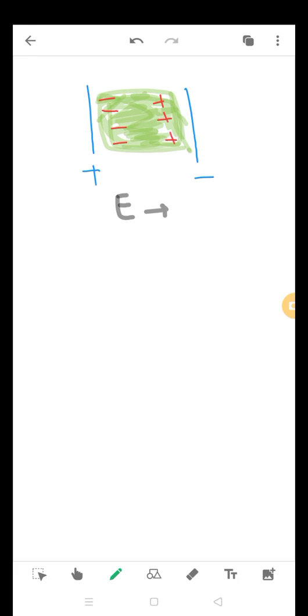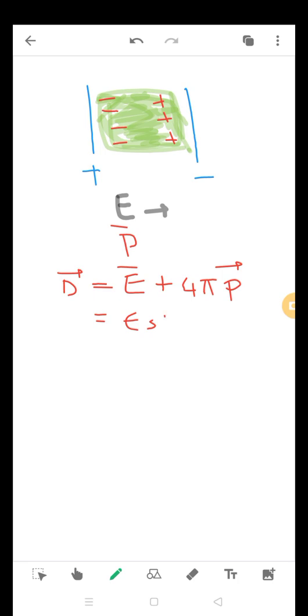And as we have already told you, there will be a polarization vector P, and the displacement vector D will be equal to the electric field applied plus 4 pi times the polarization vector, and it will again be equal to epsilon s E.